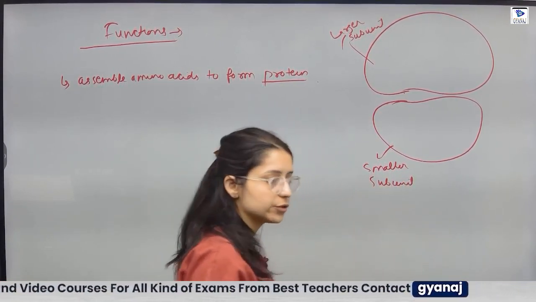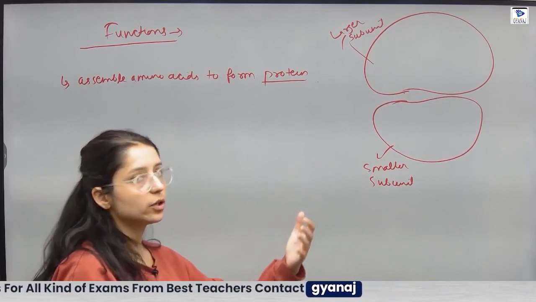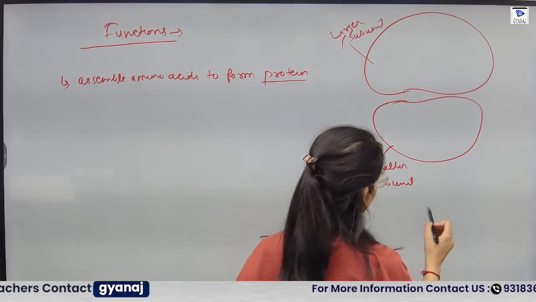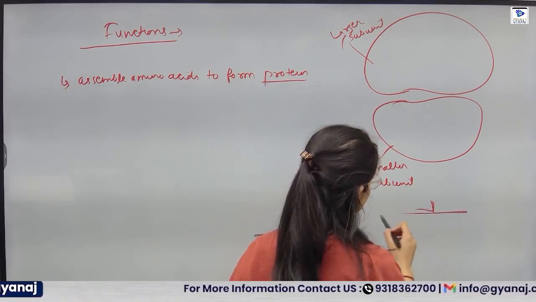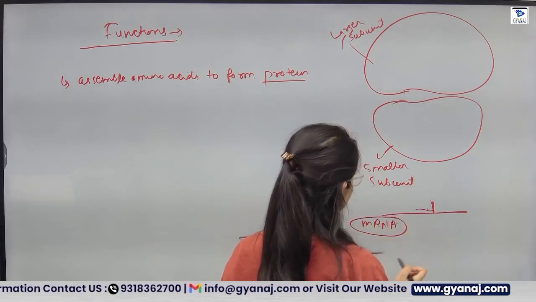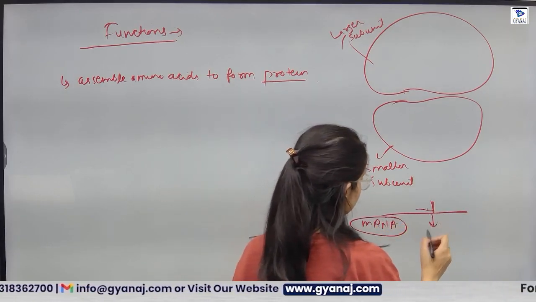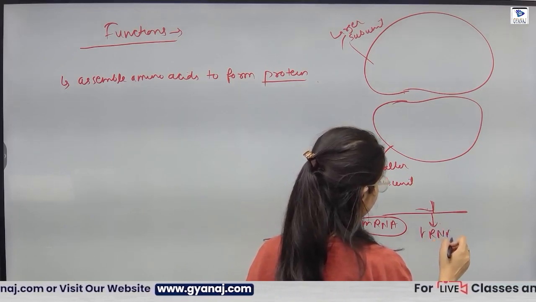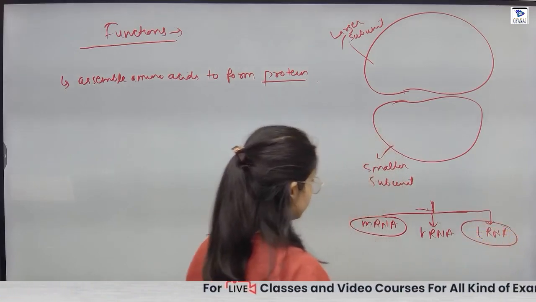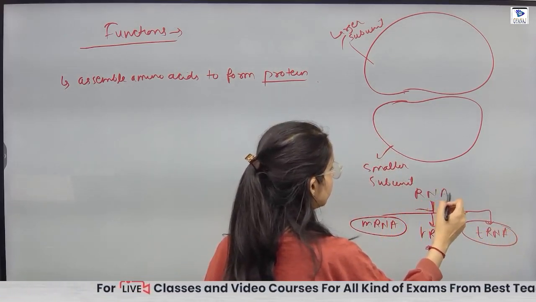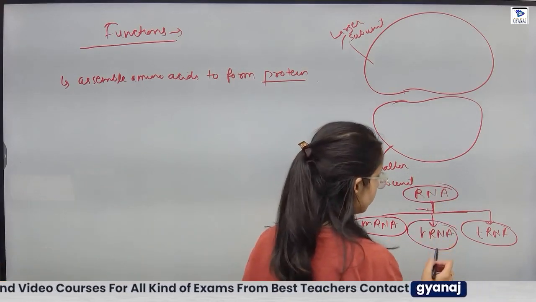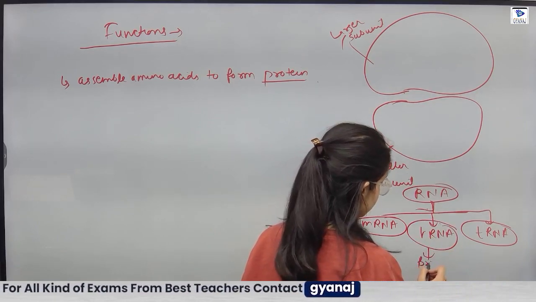And you should know that we're talking about the rRNA. RNA is of different types: the mRNA, the rRNA and the tRNA. So ribonucleic acid is of 3 types, and this rRNA is responsible for protein synthesis.